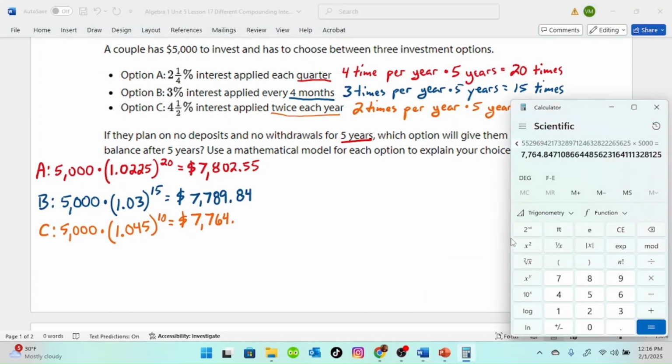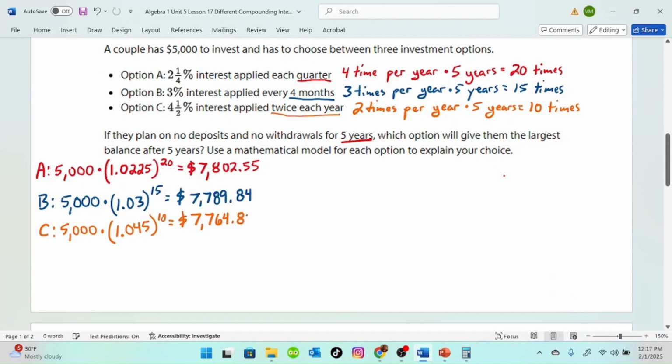And because it's money, we want to stop at 2 decimal places. The 7 tells us to round the 4 up to a 5, so that would be 85 cents.